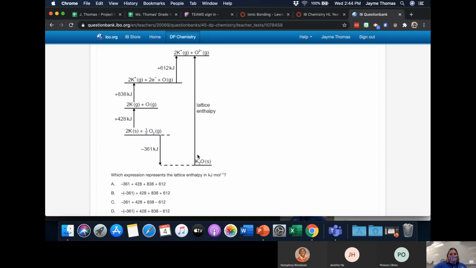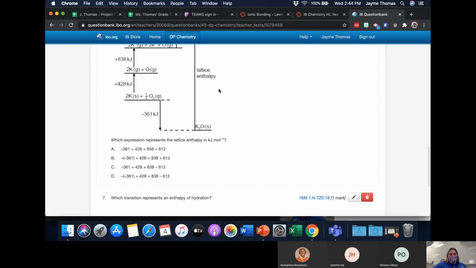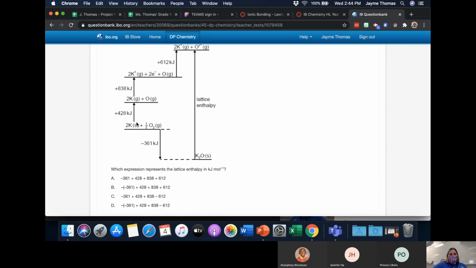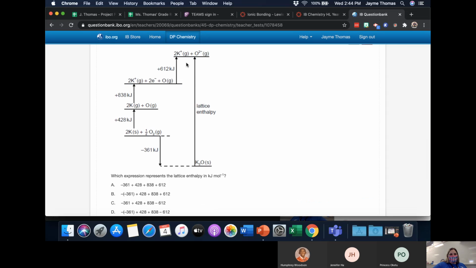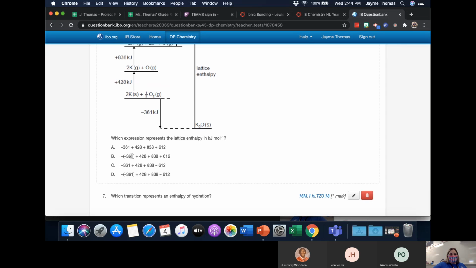That's going to tell me how much enthalpy energy it would take to break up this compound into these individual ions in the gaseous state. So again, you didn't have to do the math, but you had to understand how this visual works in order to figure out how to set it up to get to letter B.